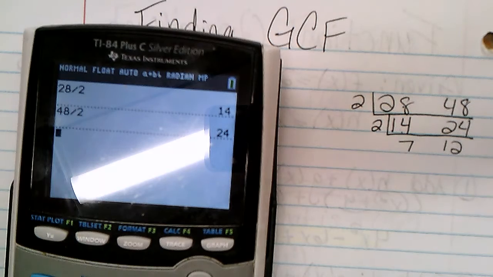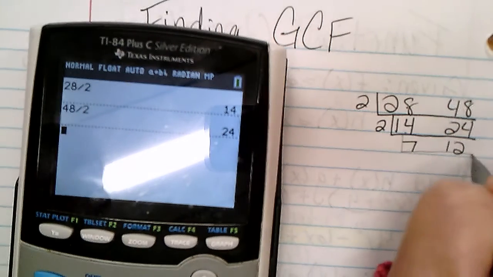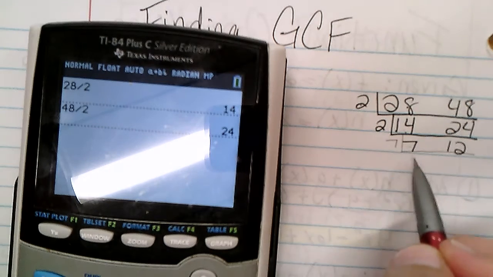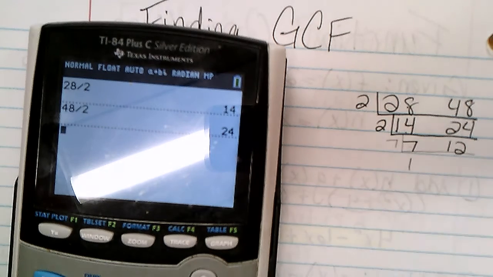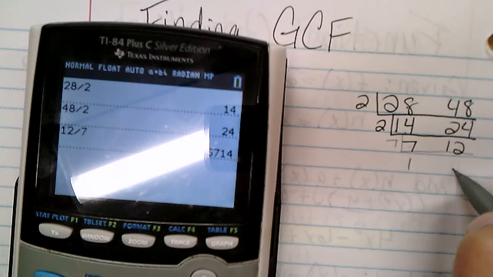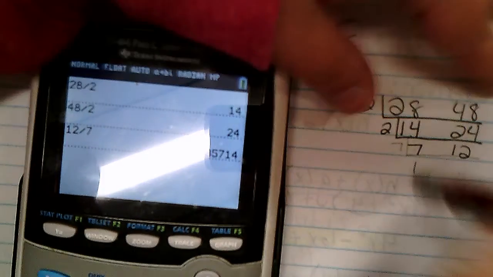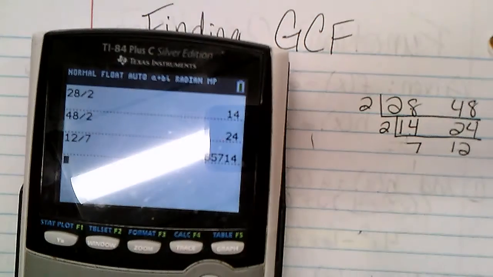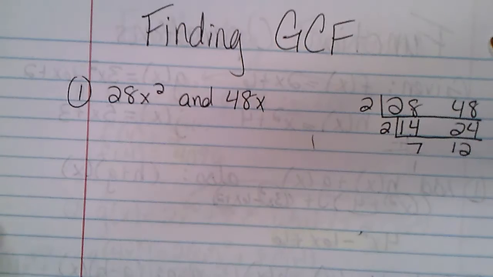So the only option I have if I wanted to do another tier would be 7. Now 7 divided by 7 is 1, but 12 divided by 7 would be a decimal. And you don't want decimals, you only want whole numbers. So at that point, I can stop. I'm done. Taking it down to 7 and 12 is as far as I can go.